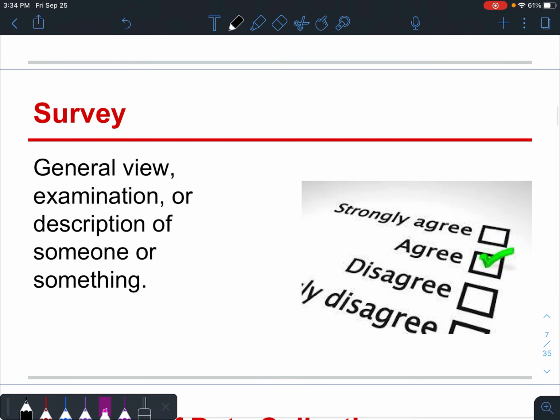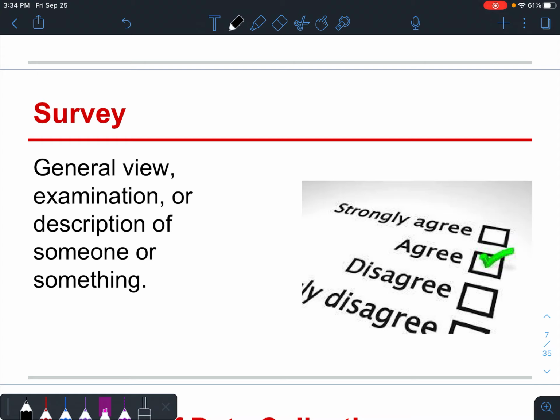A survey is going to be some general view, examination, or description of someone or something. You think about every year in school, you take the student survey, right? They're asking you your views. You go to a restaurant and you get a receipt, and the waiter says, hey, take this survey and you'll get a free appetizer next time.